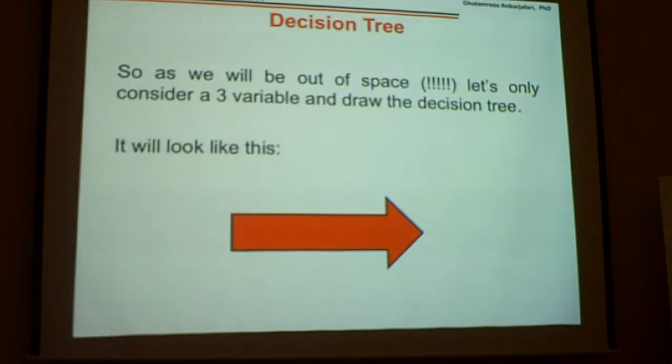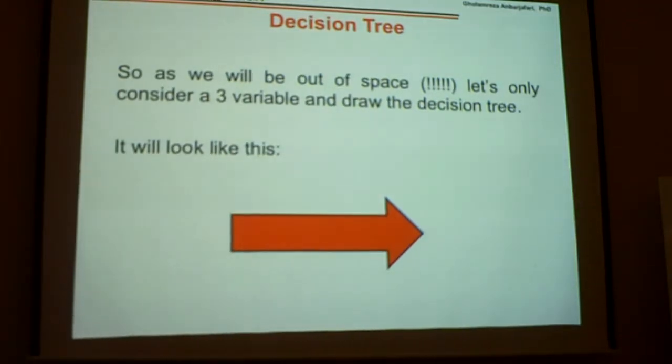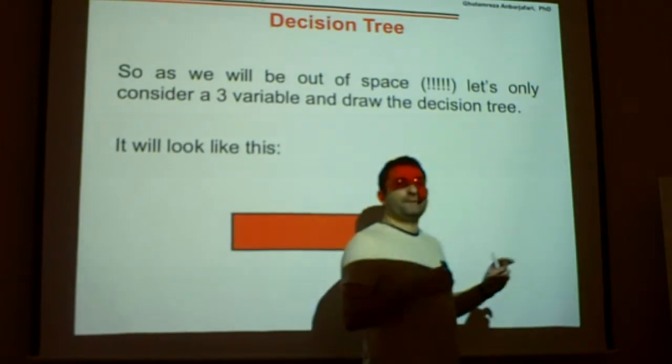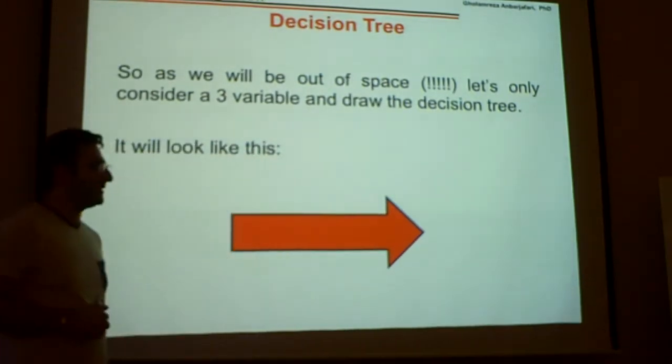At A1, I was talking about true, but what will happen if A1 is false? Then I have to look at A2, which can be true or false, and for each of them I have to look at A3, which is true or false. Right? And even with 3 of them, I already ran out of space. If odd parity is what we want, can you tell me what the result is?